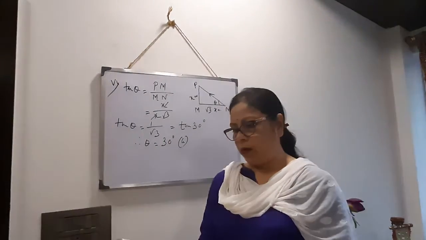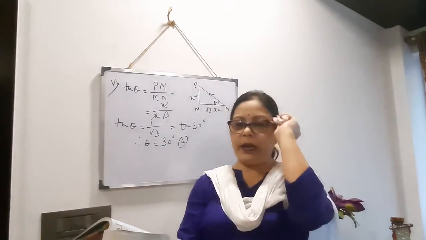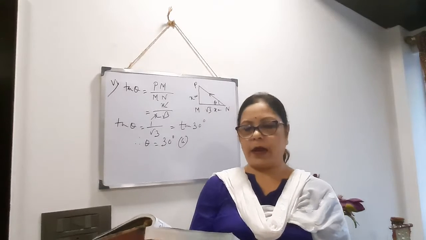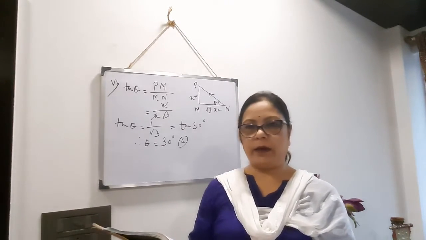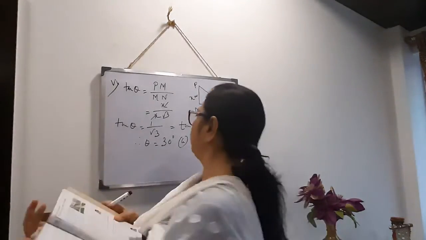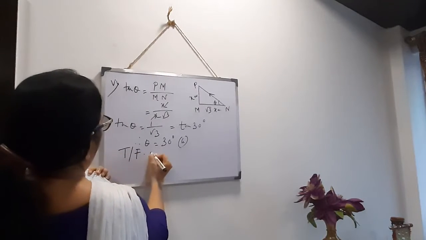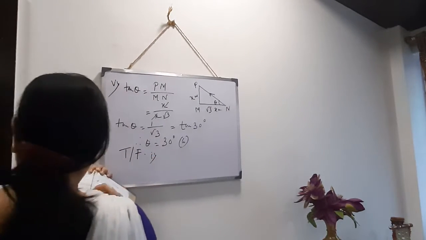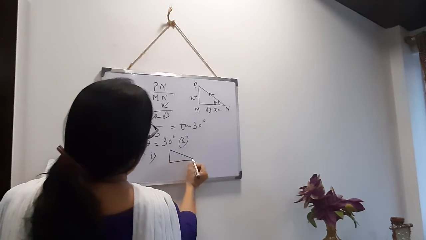Now true or false. Number 1, it is told that in triangle ABC, angle B is 90 degree, and if AB equals BC, then angle C equals 60 degree. Okay, first I am drawing, then true false. It is told that in triangle ABC, always a right angle triangle.